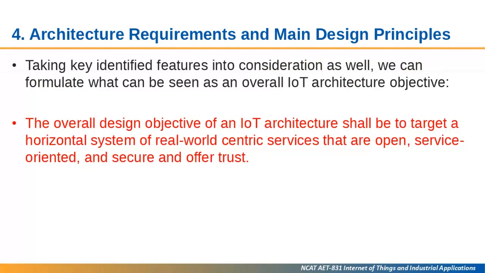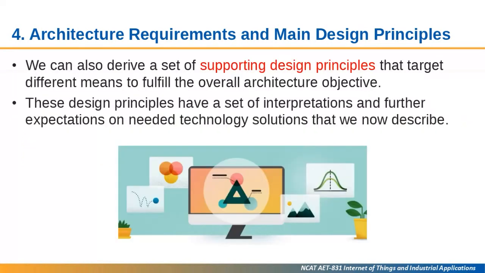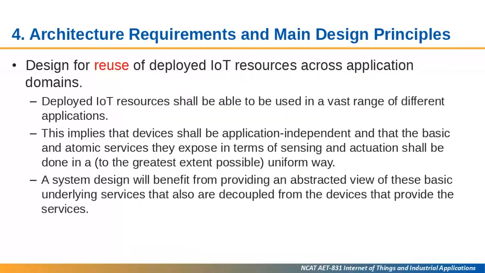But just now we mentioned that when dealing with the architecture, we need to know our objectives, and also we need to have some design principles, right? So our design objective of an IoT architecture should be to target a horizontal system of real-world centric services that are open services. With this objective, there are several supporting design principles listed here. So we need to design for reuse of the deployed IoT across application domains.